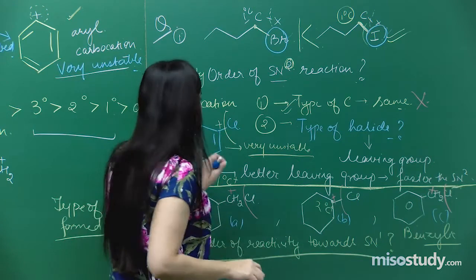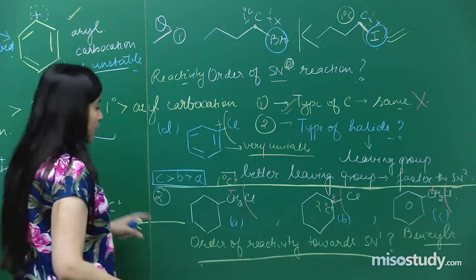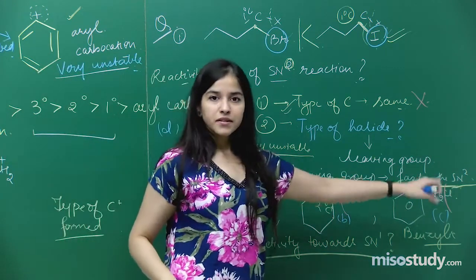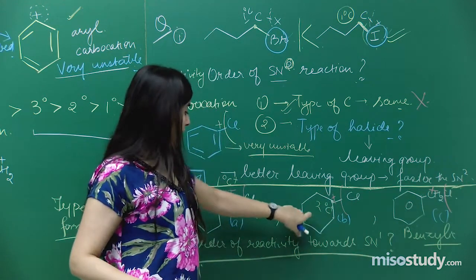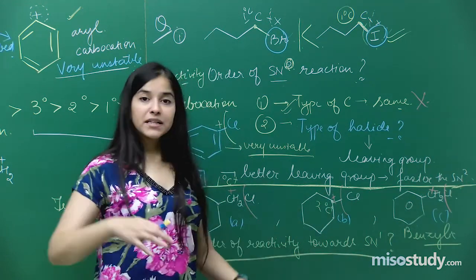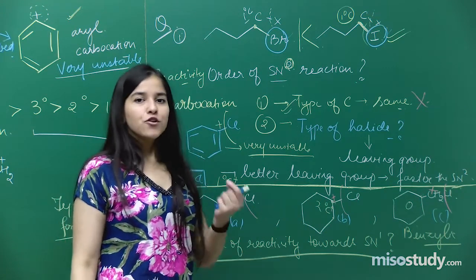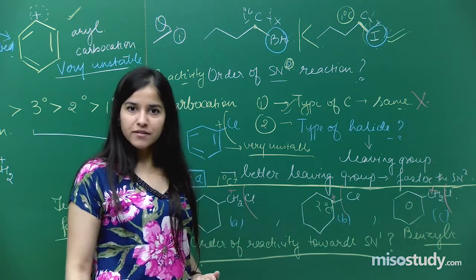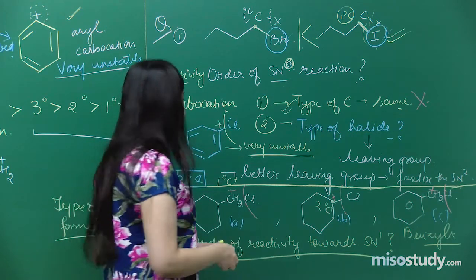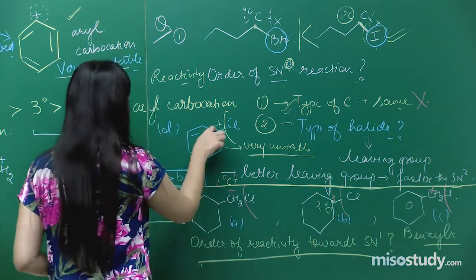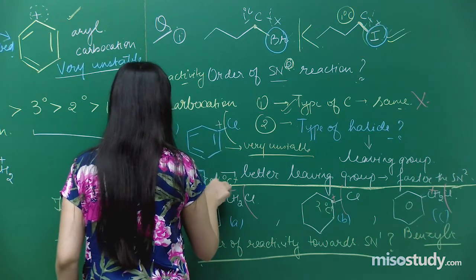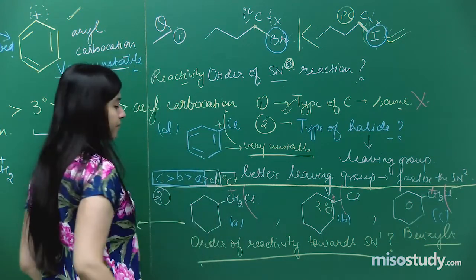So this is very, very unstable, thereby making it not just in between something like A and B, but even more and more unstable than the normal aliphatic carbocations as well. That means this will be the least possible option, the least stable option.